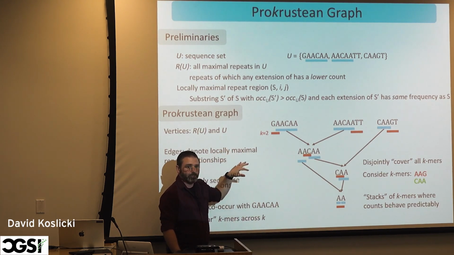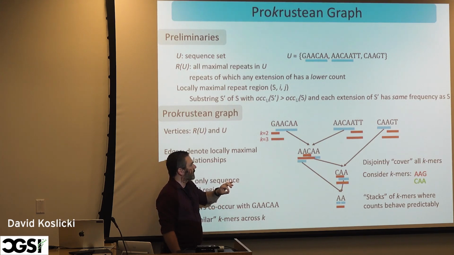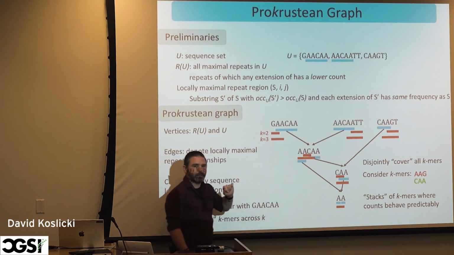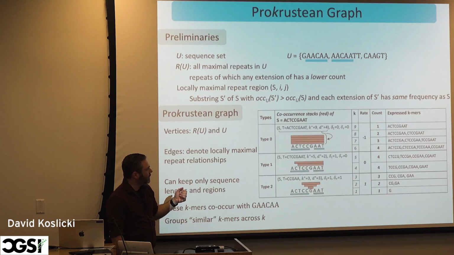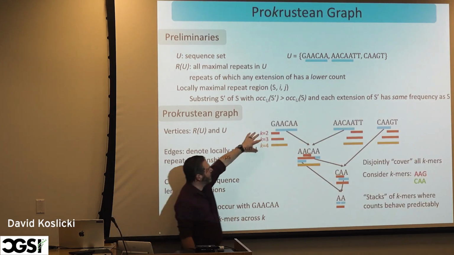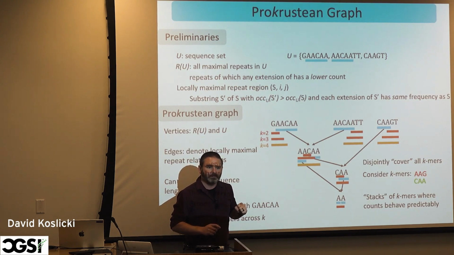All the 2-mers show up once in these red regions and only once. You do the same thing with the 3-mers. Look at all the 3-mers not fully contained in the blue region, and the 4-mers, etc. So you end up with these interesting looking stacks that turn out to have an extremely desirable property.